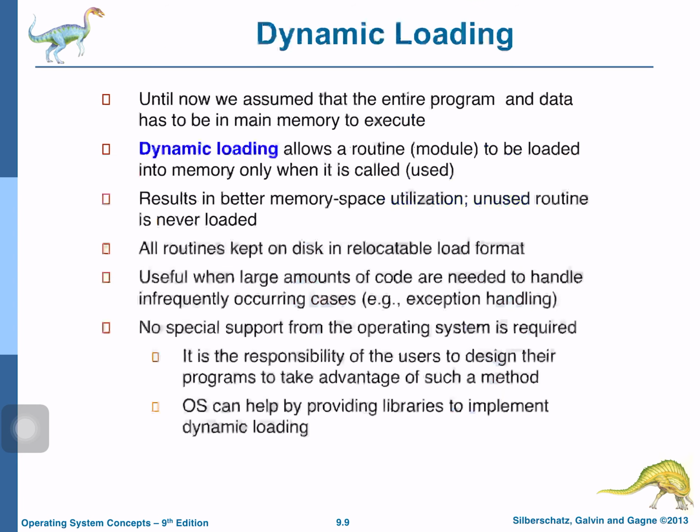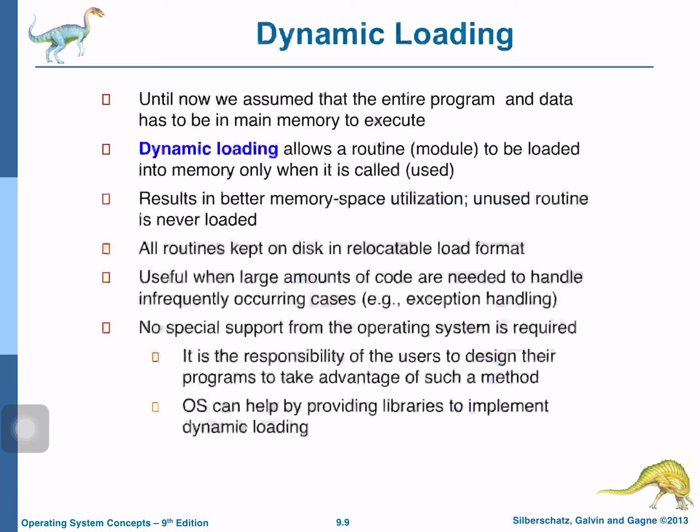And also we have dynamic loading. Until now, we assumed that the entire program and data has to be in the main memory to execute. For example, if program A has 100 lines of code, we assume that all 100 lines of code must be in the memory for the program to be executed.